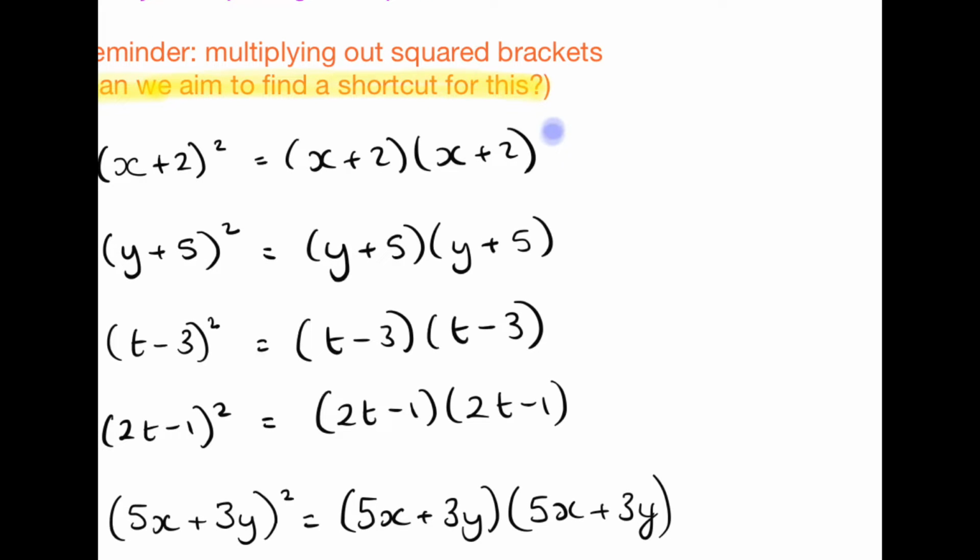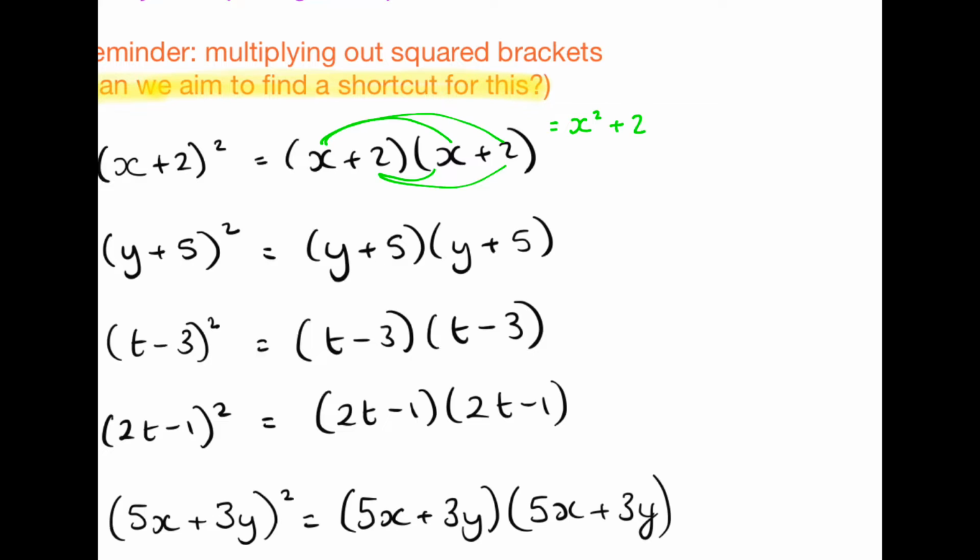So multiplying, oopsie-daisy. I always do that, don't I? Multiplying out squared brackets. Remember, we're going to have four terms to start with. So x plus 2 squared is x plus 2 times x plus 2. And then our answers are going to be from these lines x squared.